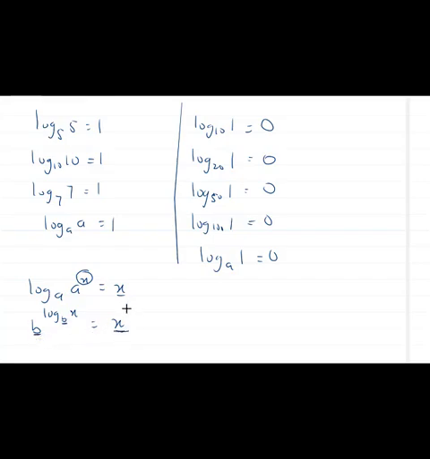Take note of this. Let's do the last part of this section, which is change of base. How does this work? Given log base a of b, we can write this as log b over log a. Then we'll choose our preferred base. Let's assume we want c, so this will be log base c of b over log base c of a.